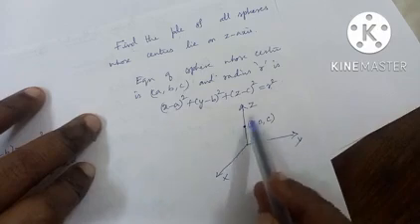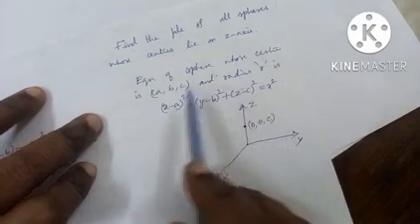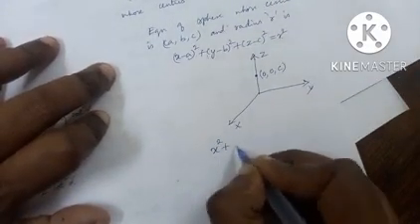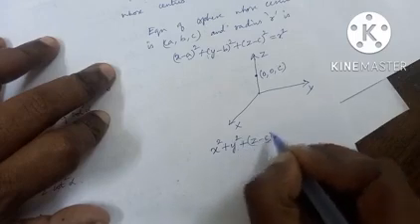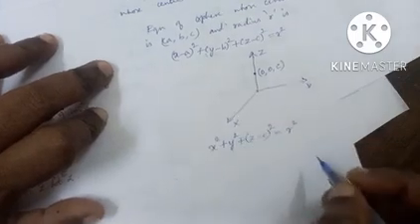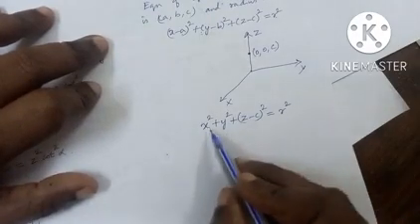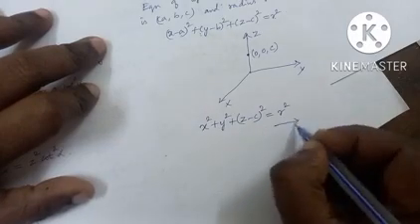So the center of the sphere lies on the z-axis, and hence this equation becomes x square, because a is 0, plus y square, because b is 0, plus (z minus c) whole square equal to r square. This is the equation of a sphere whose center lies on the z-axis and radius r. This is our first equation.